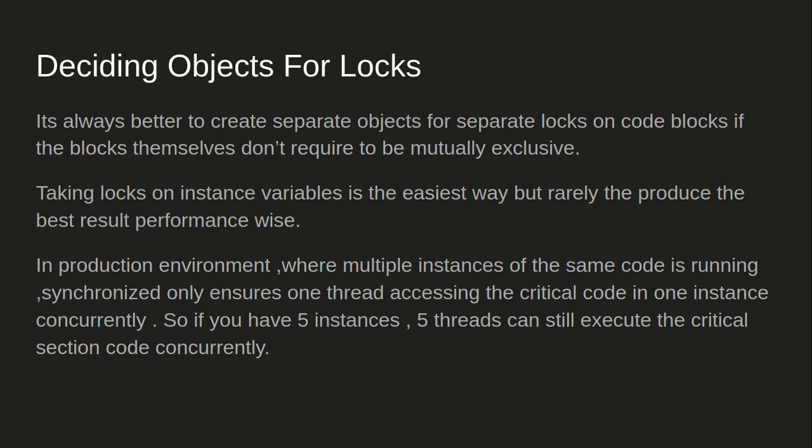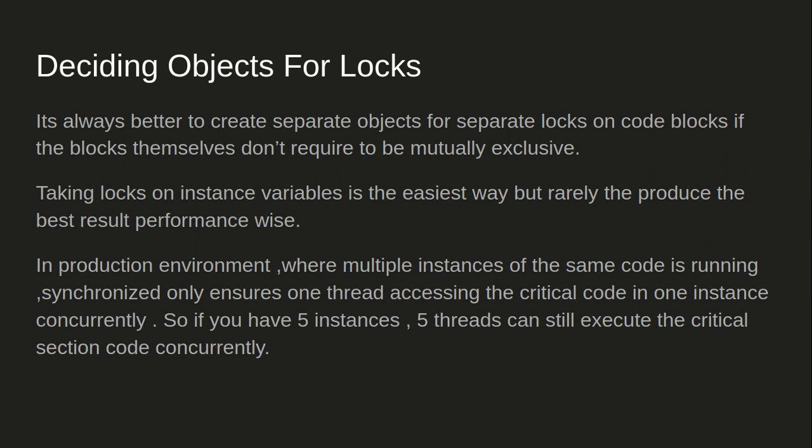But if you create synchronization and take the lock on the instance object, there will only be one method or one synchronized block running at a single point of time. So you are actually degrading your performance by 75%.